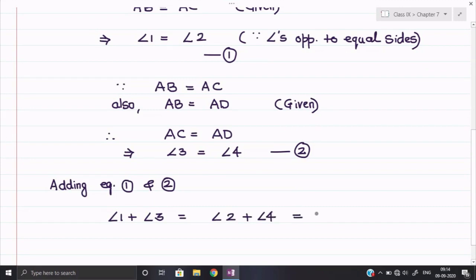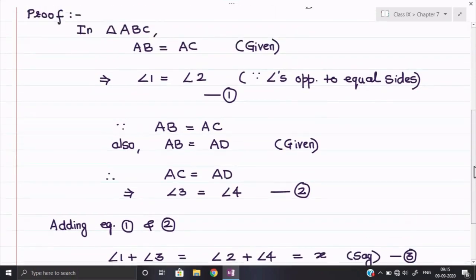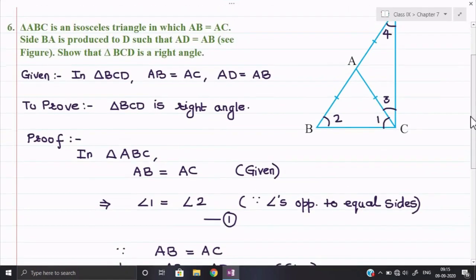And here I can say this will be equal to x because they are equal, so they will have a common value that can be supposed as x. Equation number 3.